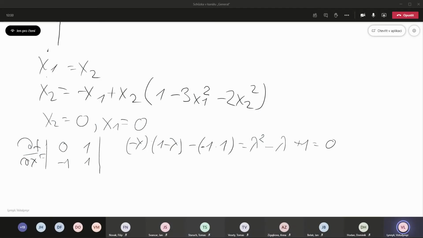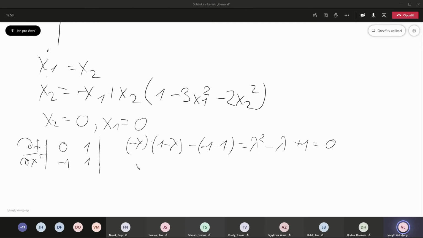We can see that this system is unstable because this polynomial is unstable, because the coefficients are 1, minus 1 and 1, with a minus 1 here.